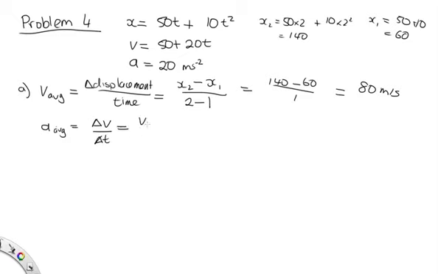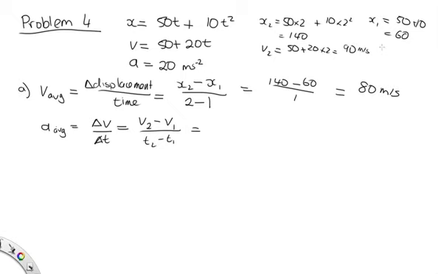So this is the velocity at time 2 minus velocity at time 1 over t2 minus t1, which will just be 2 and 1 seconds. Okay, so the velocity at 2 seconds, we just substitute in 2 seconds in here. So this gives us 50 plus 20 times 2, which is 50 plus 40, that's 90, and meters per second.